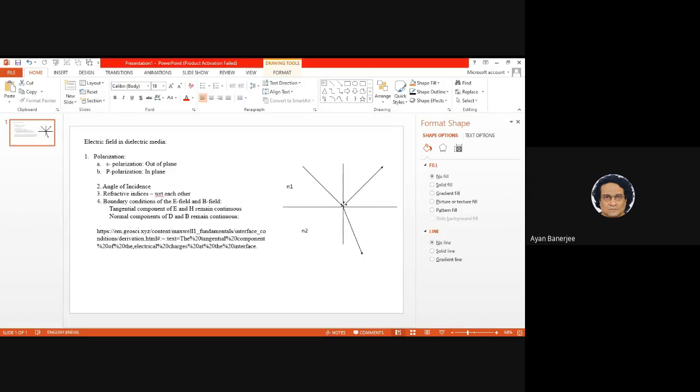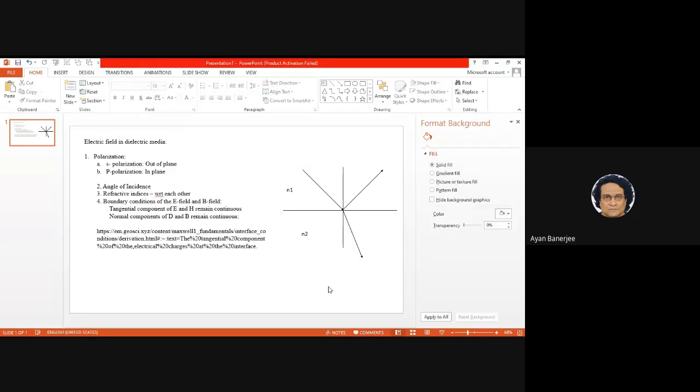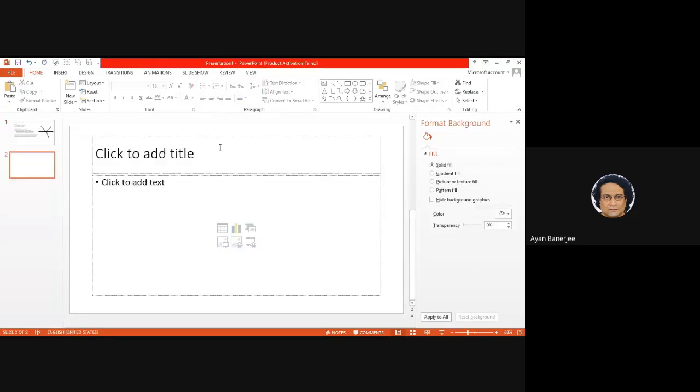Now, as I said, there will be two conditions. One is where I have the plane of polarization out of plane, and the other is where I have the plane of polarization in plane. So what I will do now is consider each of these situations individually.